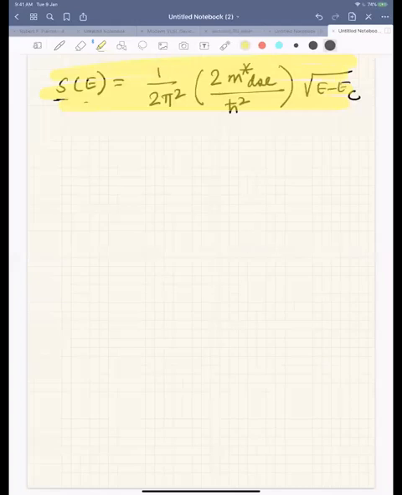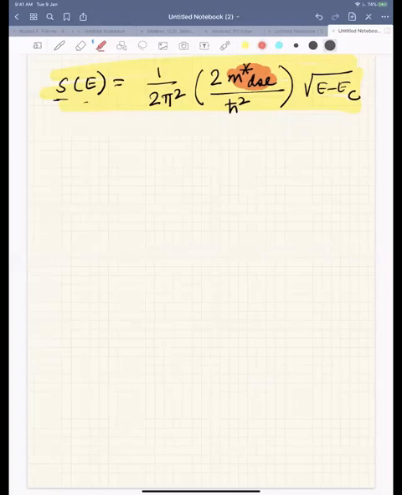So here a couple of things I just want to tell you. One is this parameter here, which is the density of states effective mass. When we discussed, silicon is anisotropic, so it has different effective mass in different directions.